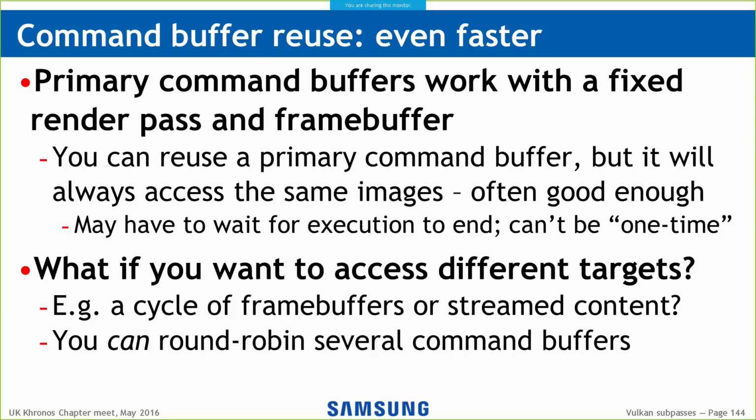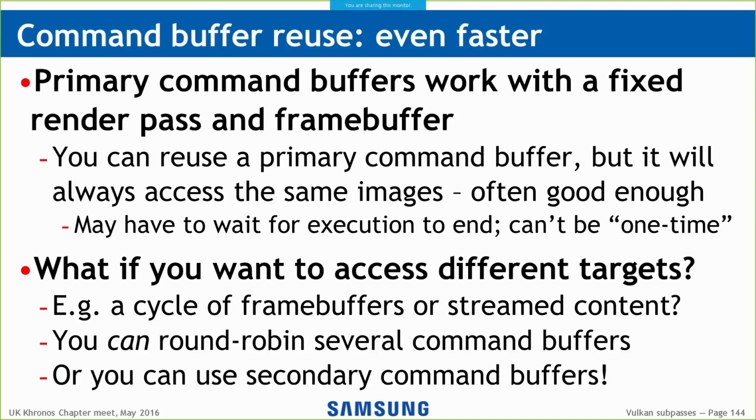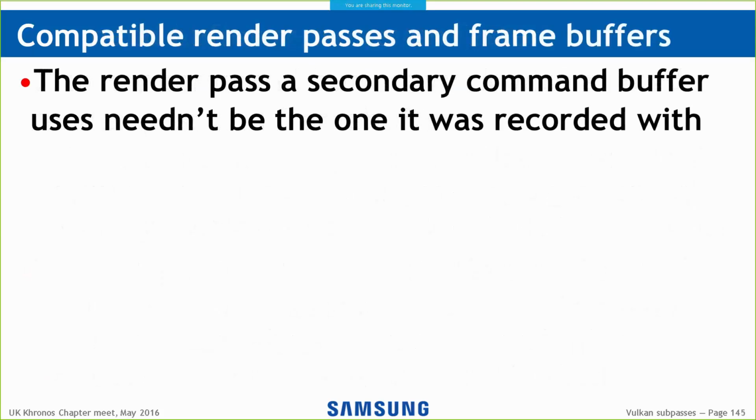The general solution is to use secondary command buffers. And as I was saying earlier, you don't need to use the frame buffer that was available at the time everything was set up, at the time that these secondary command buffers are invoked. So there's a compatibility requirement. They have to be alike enough that the secondary command buffer will still work with it.